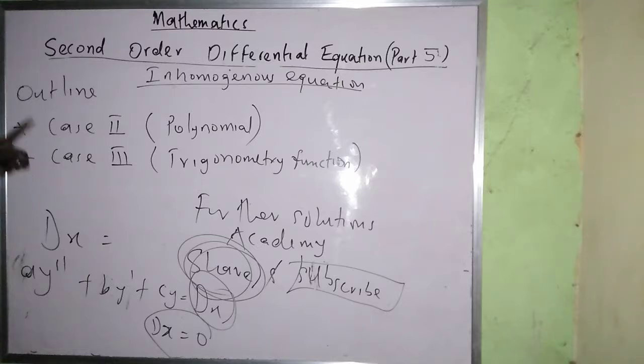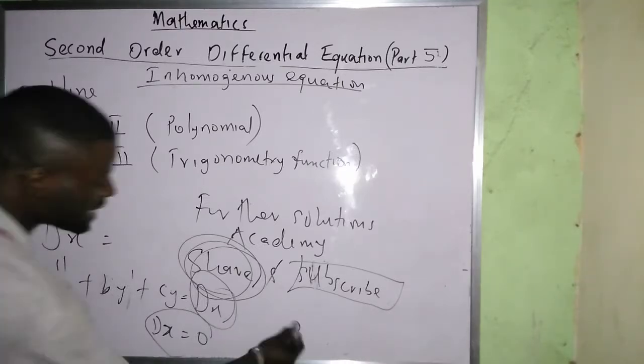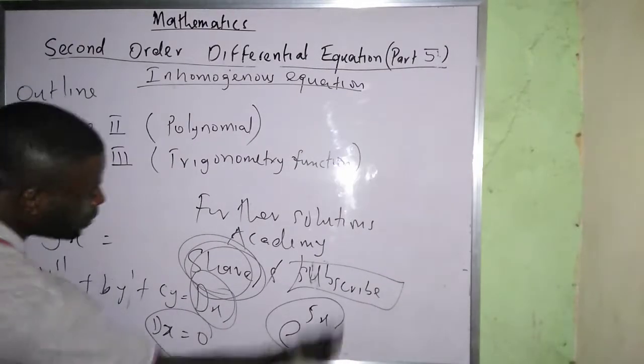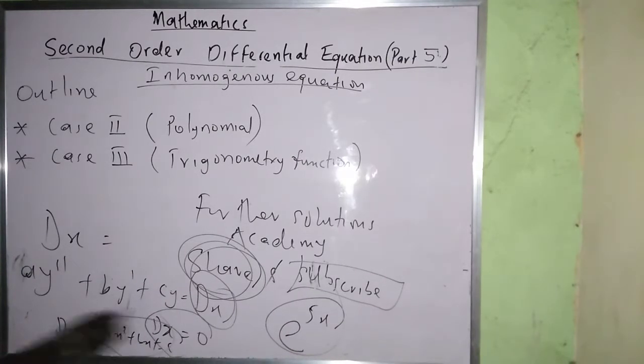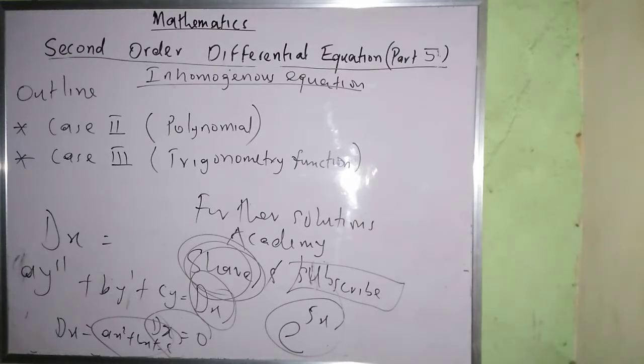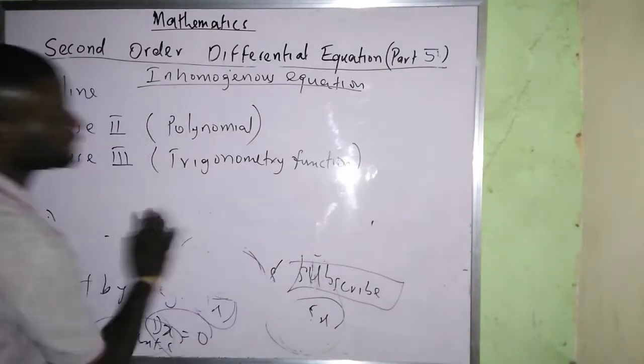I have 3 cases. Case 1 is when my d of x is an exponential function. We have done that in our previous video, part 4. In this video, I'll be working on the polynomial function, when my d of x is a polynomial, ax squared plus bx plus c.